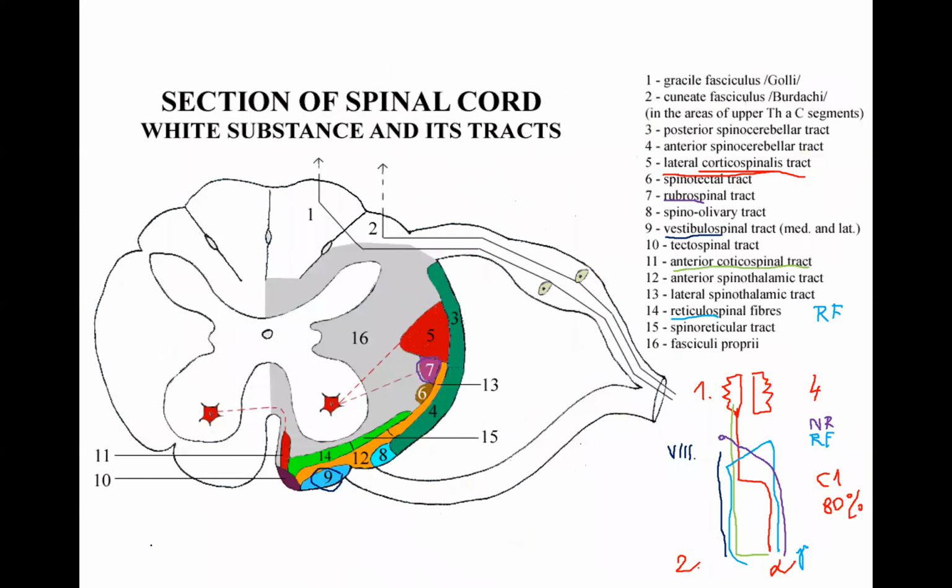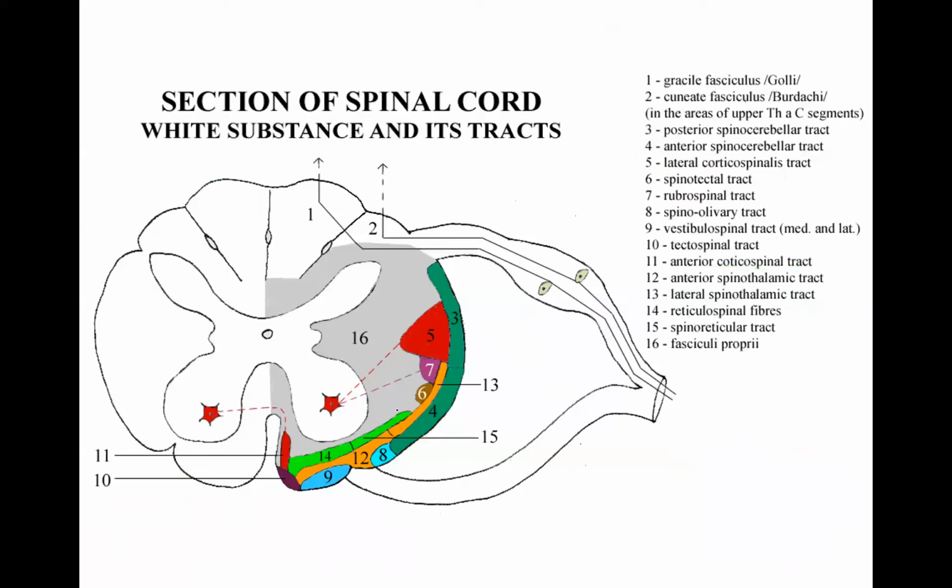So we have talked about these ascending, and now I'll show you these were descending, and I'll show you the ascending ones. So we have talked about the posterior fascicles, the gracile and cuneate fascicles, or we call it spinobulbothalamo-cortical.